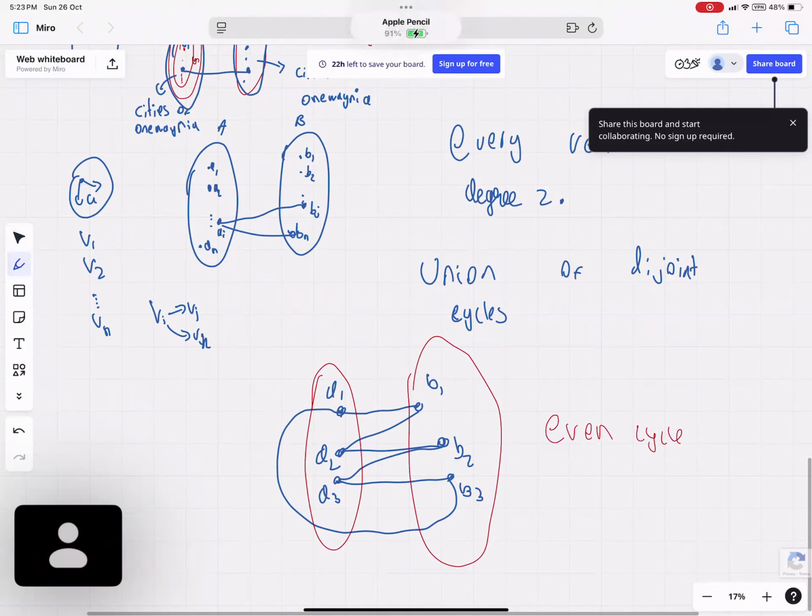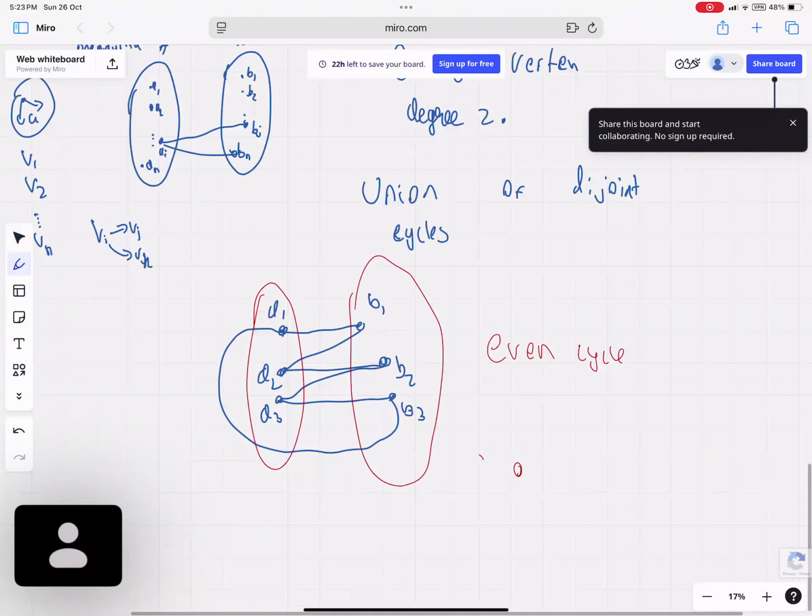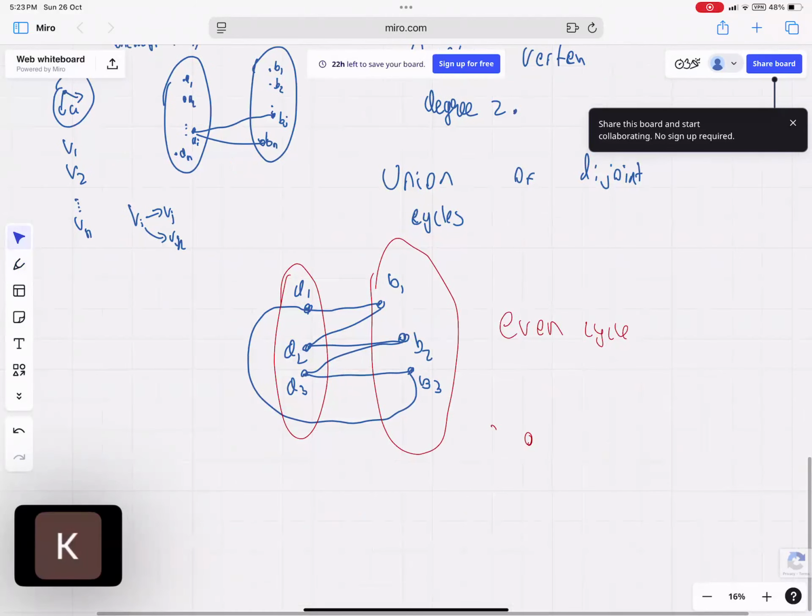What can we say about this cycle? What does it look like in G? Say we have this edge A1 to B1 in G now. Okay, wait, I've messed up the notations a bit. Let's just mark it ABCD.